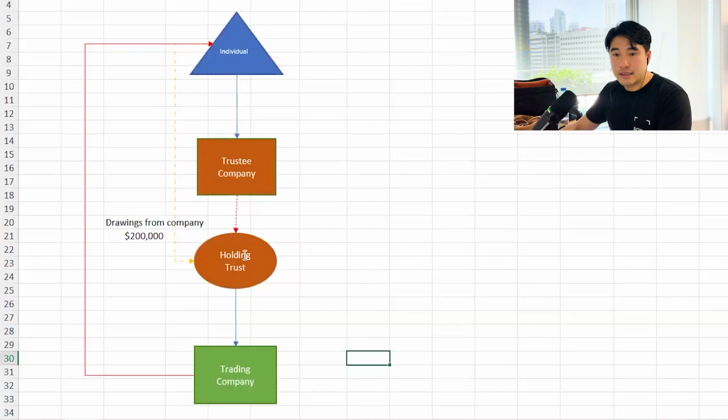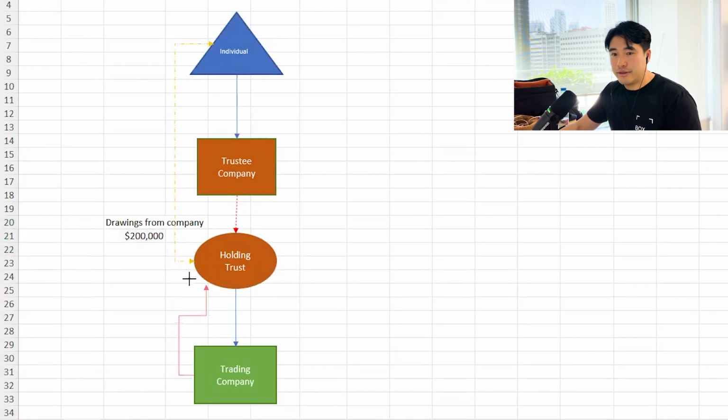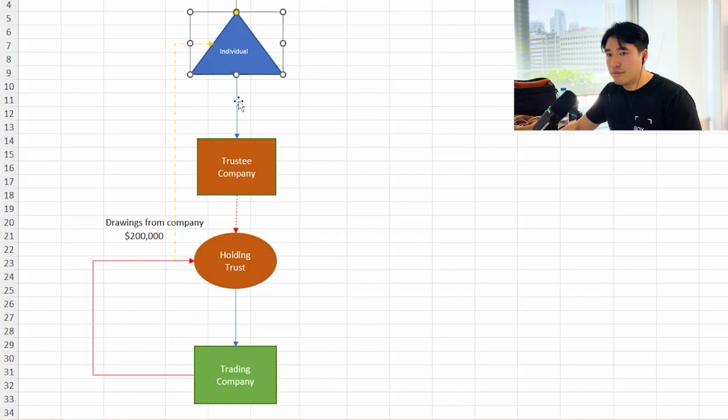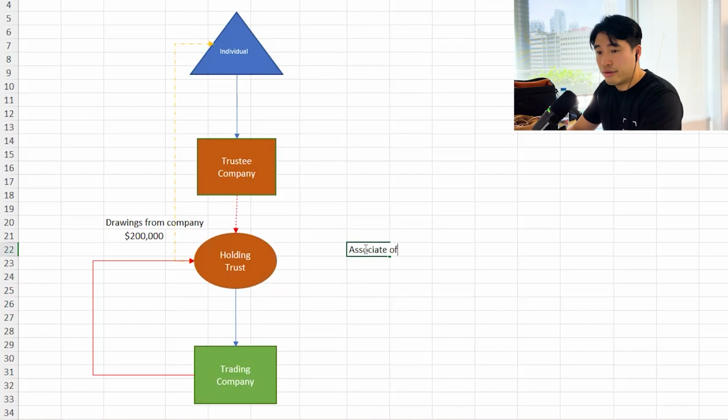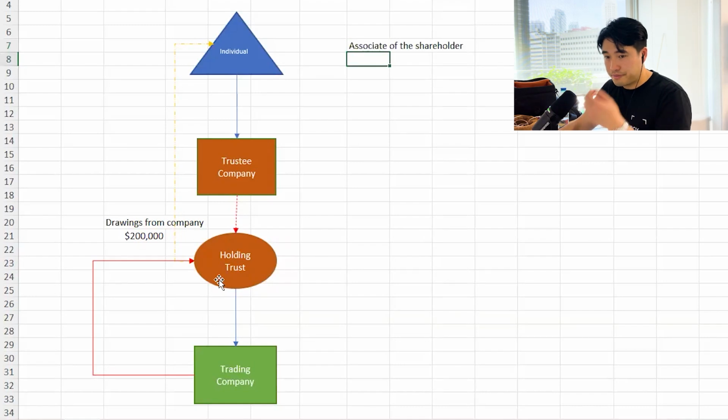The way it works, and everyone can see my screen, is that when you draw money from the company, wherever you put the money, in the individual's name or in the trust, it still causes the same problem, because the trust is still seen as an associate of the shareholder.